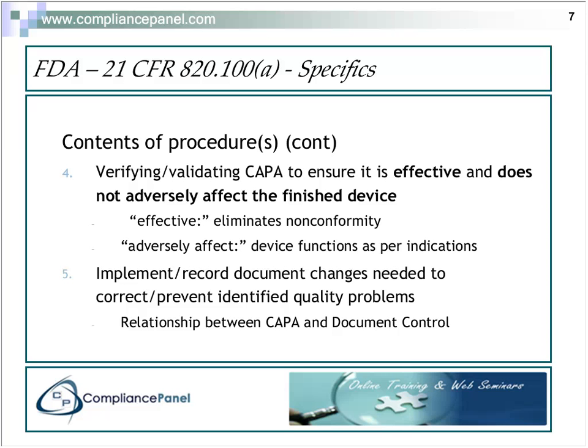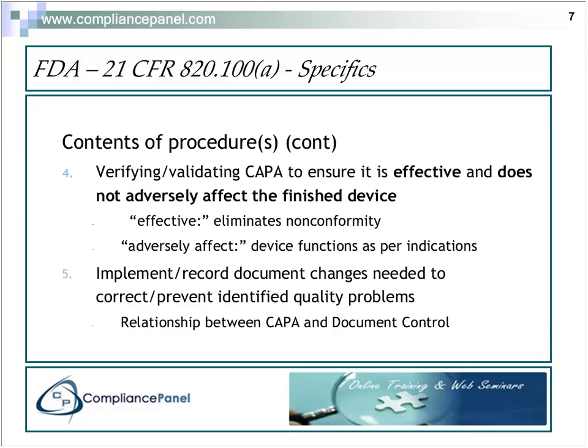Your procedure must also implement and record document changes that are needed to correct or prevent identified quality problems. This is the relationship between CAPA and document control. Your CAPA procedure, or procedures, must explicitly include or reference your document control procedure. I recommend that you just reference it, since your document control procedure is going to be the same whether the document change initiates in CAPA or elsewhere.